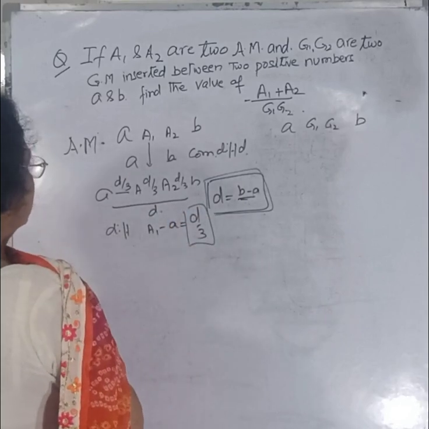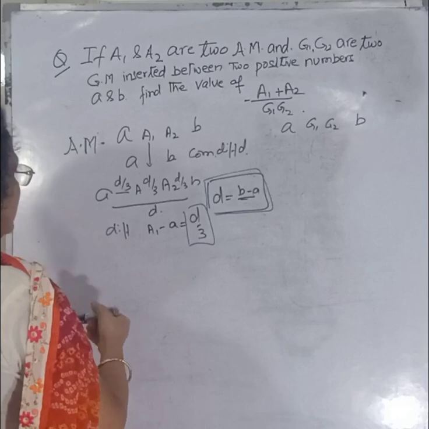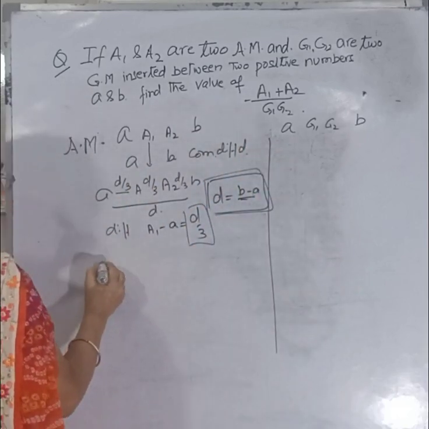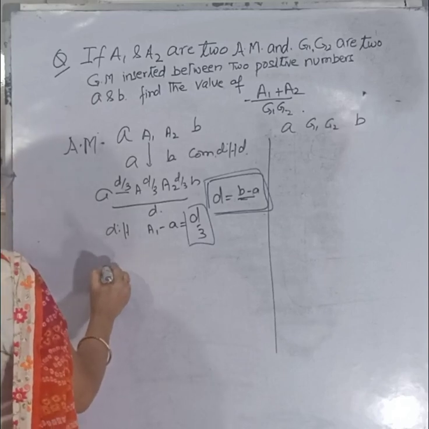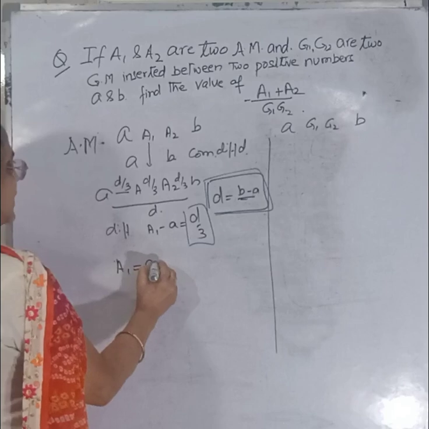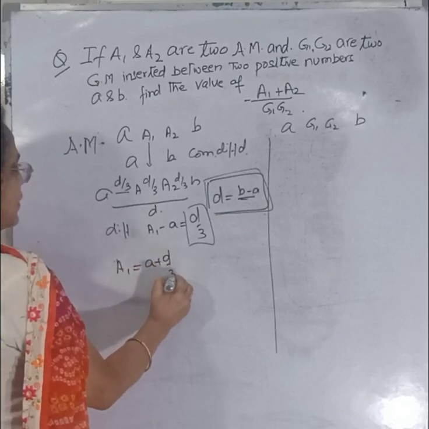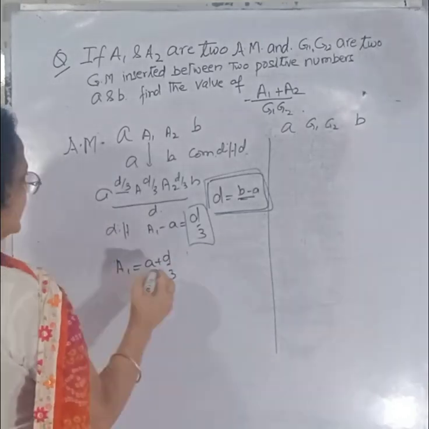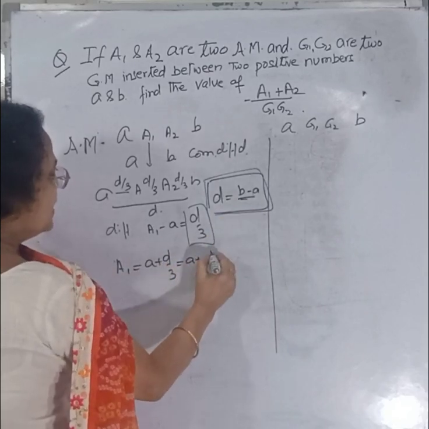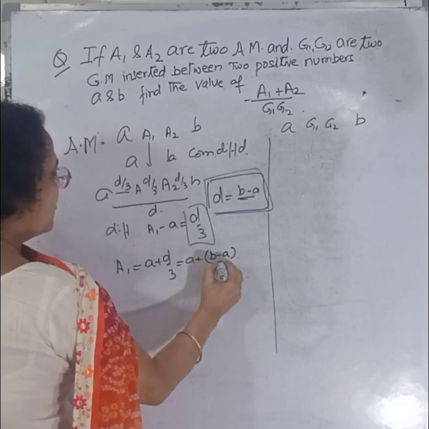If our first term is A in this case, for the arithmetical mean, then A1 will be equal to A plus D by 3. Correct? That will be equal to A plus (B minus A) by 3.